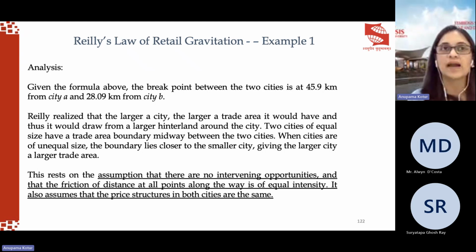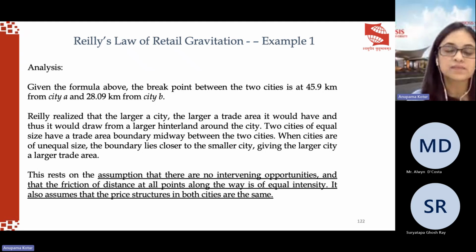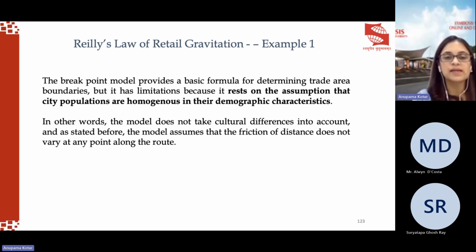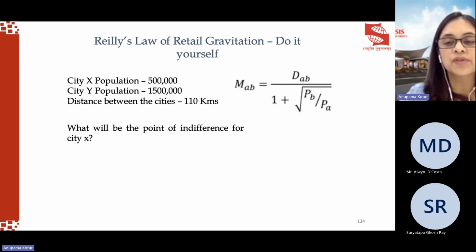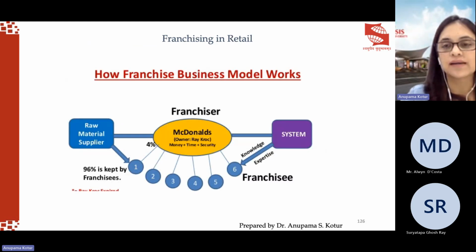There are several other factors that are at play, and the retailers could look at these mathematical models to reaffirm their own assumptions about the choice of a good location. But then again, it's very important to also validate those assumptions through some of these numerical justifications that we have, right? So there is yet another problem for you, a practice problem. Please do it yourself in your own time.